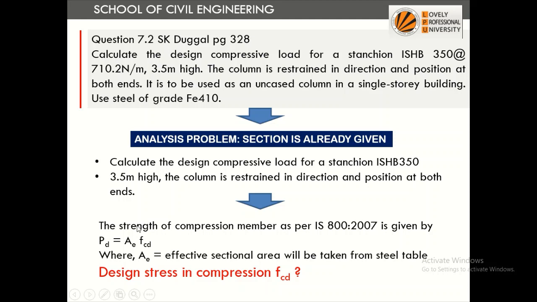Now we know that from the relation between load, stress and area, load will be equal to effective area into FCD. So Ae, that is effective sectional area, can be easily found from the steel table for this section ISHB 350. So the main challenge in the numerical is to calculate FCD, and to calculate FCD we should know the value of KL.